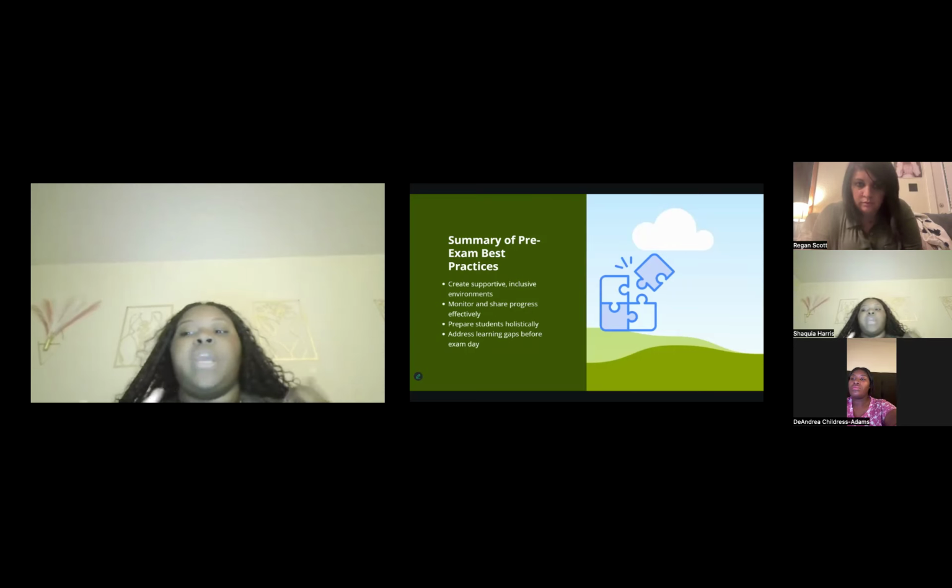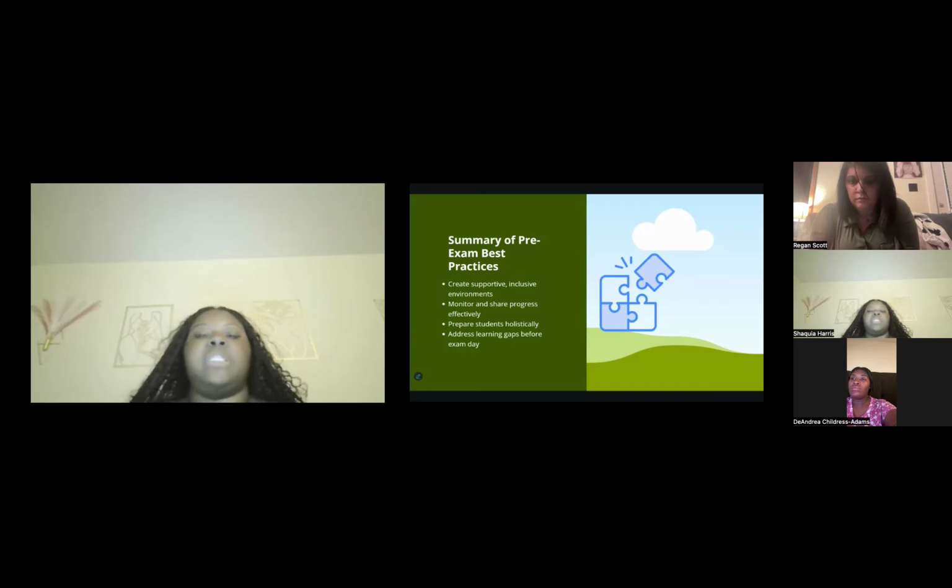Teachers who create supportive environments, track learning effectively, prepare students with both academic and emotional tools, and target misconceptions are more likely to see student success. Collaborative planning in STEM teams ensures consistency and equitable practices across classrooms. So this is always a good and important practice.